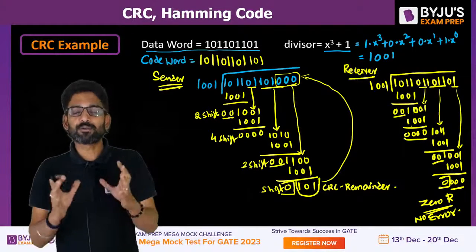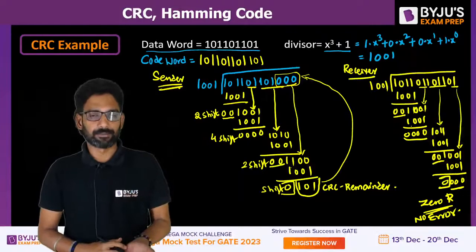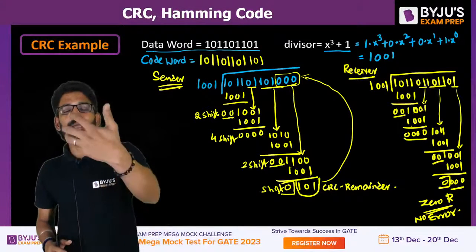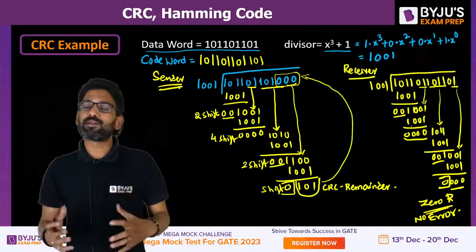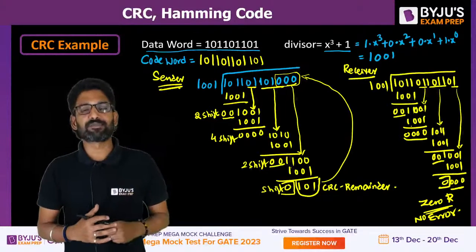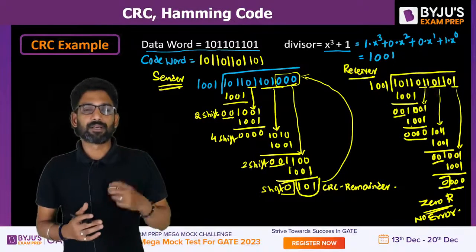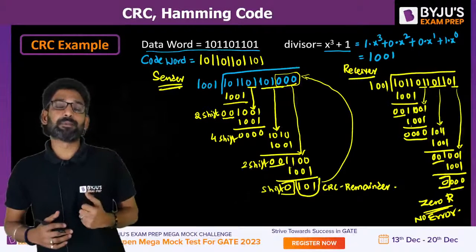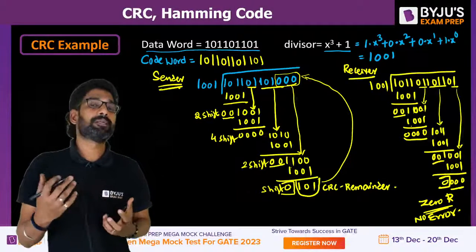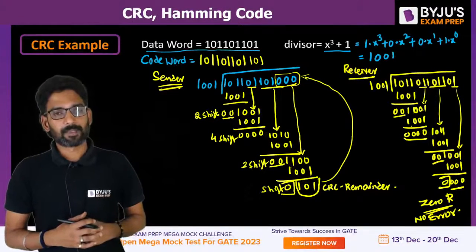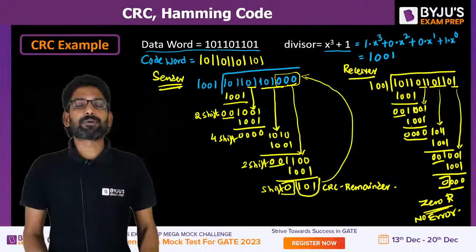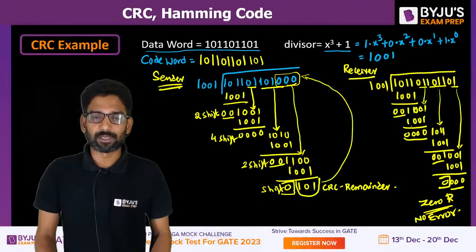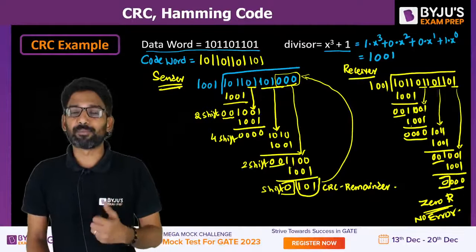So this is how the CRC procedure is done. Now, to be able to detect all kinds of errors, we have certain conditions for forming the divisor. The divisor should be divisible by x plus 1, should not be divisible by x, the x power 0 coefficient must be 1, and there should be an odd number of terms.